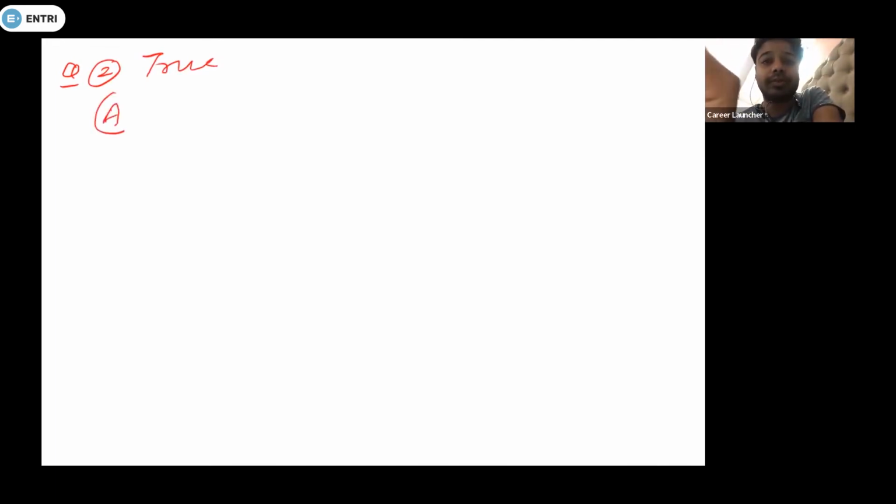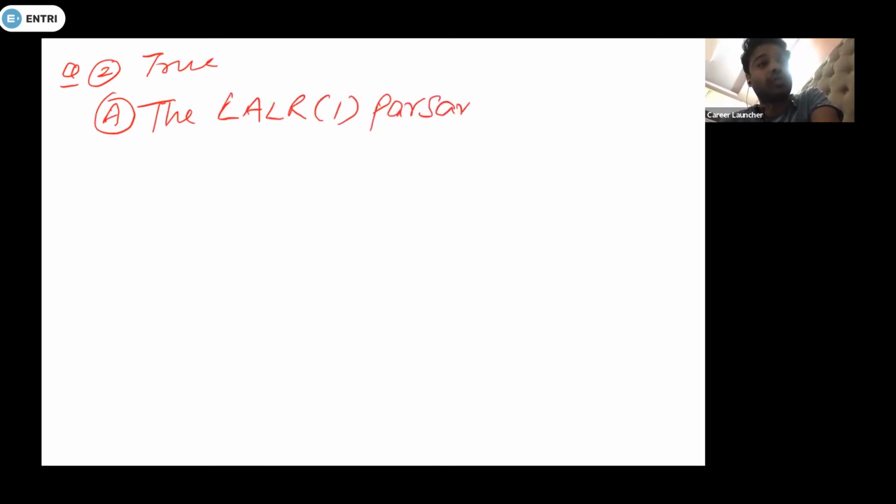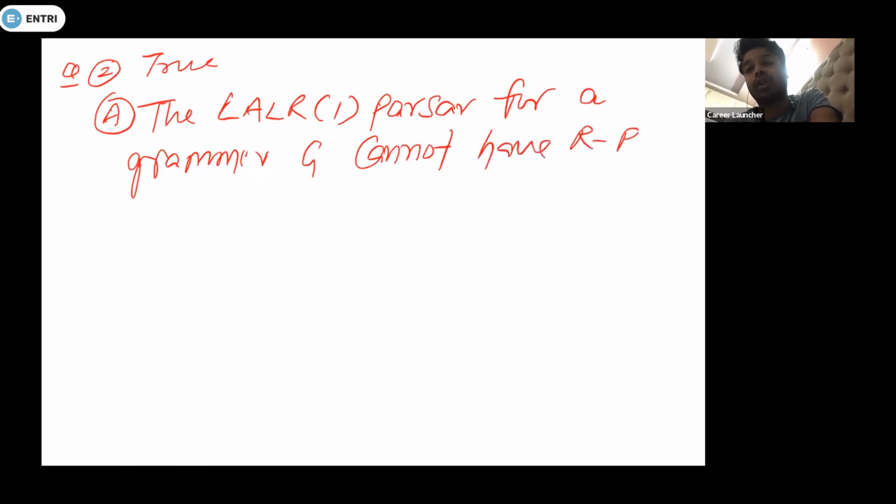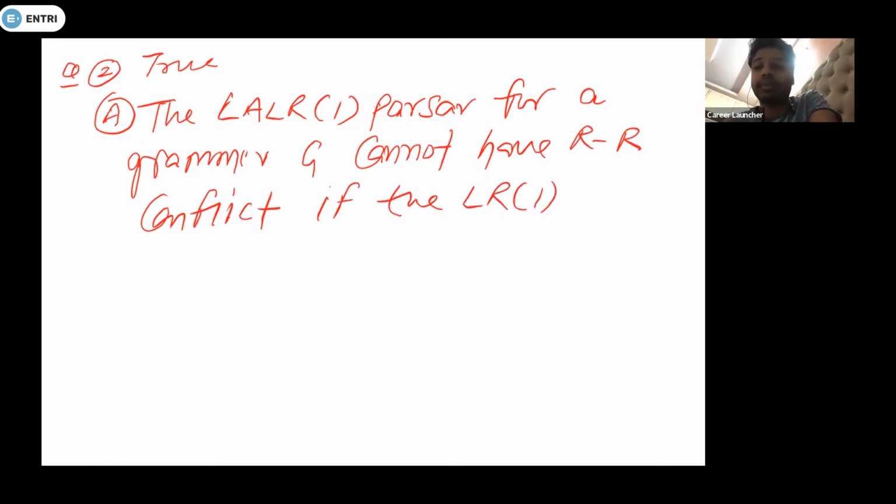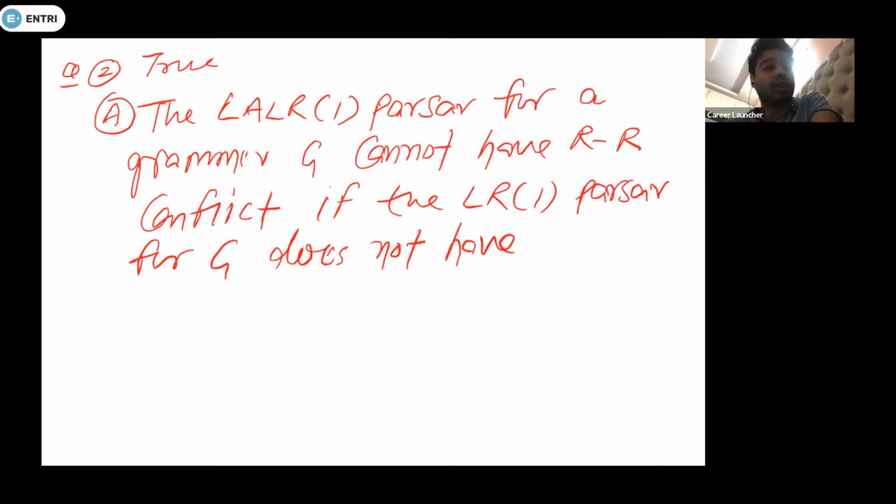So option A is: the LALR1 parser for a grammar G cannot have RR conflict if the LR1 parser for G does not have RR conflict.